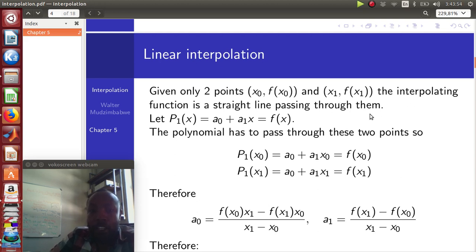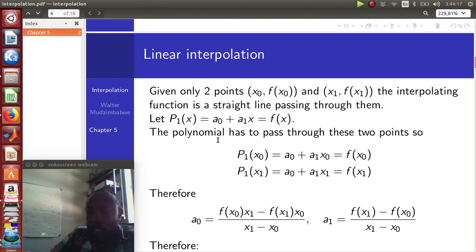So we are going to look for a polynomial of this form. This means it's a first degree polynomial: the highest power that you see for x is going to be 1. If you have two data points, then you fit a straight line, in other words, a first degree polynomial.